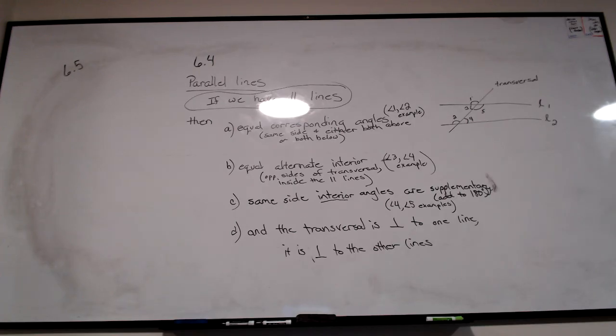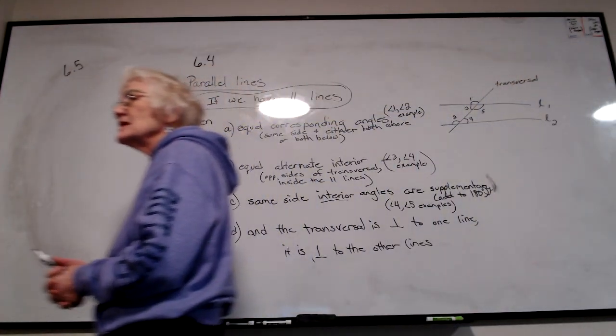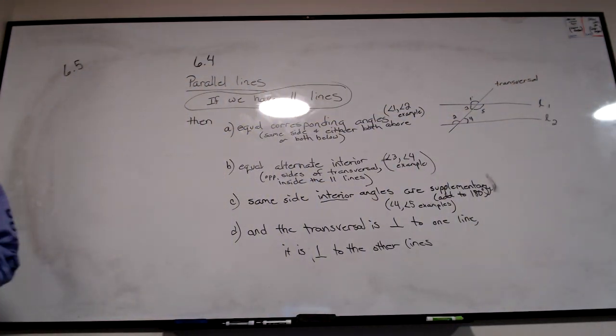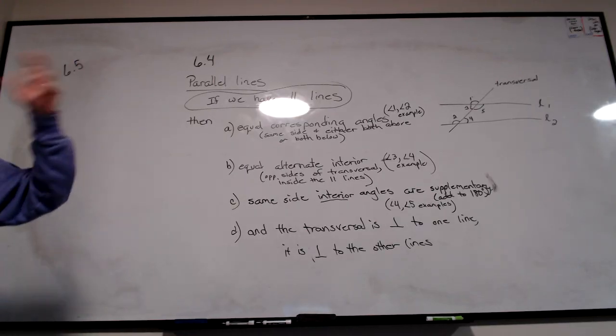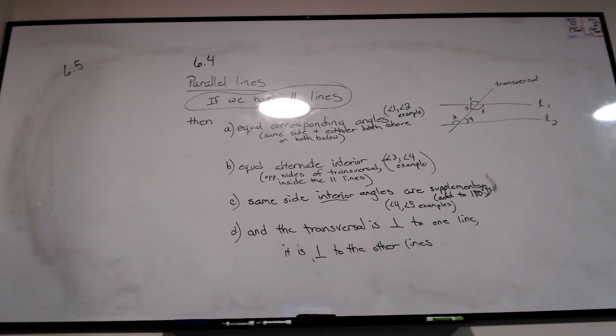That's why I said it's pretty easy, because it's stuff we've talked about already. The problems you'll be looking at will ask you, are these lines parallel? And you'll look to see if you have equal corresponding angles, or they'll say these lines are parallel and ask which angles will be equal to each other.